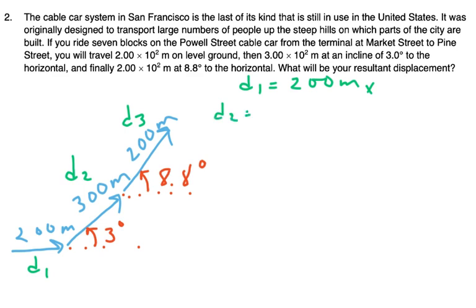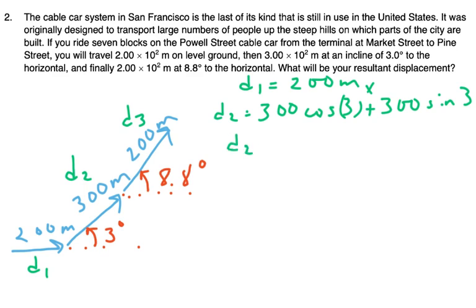D2 is equal to 300 cos 3 degrees plus 300 sine of 3 degrees.